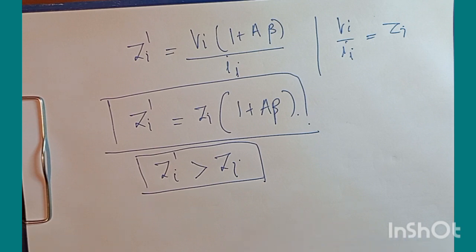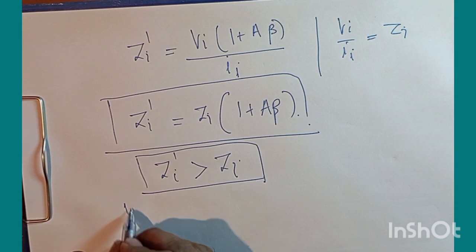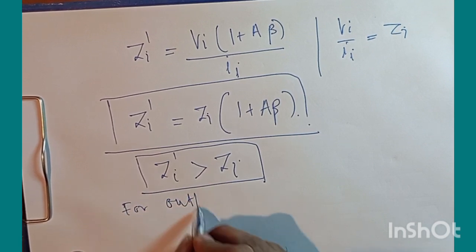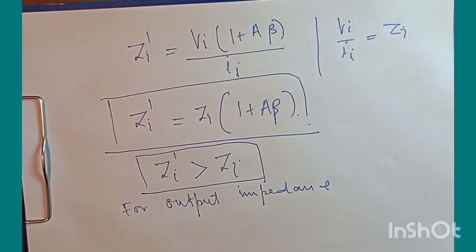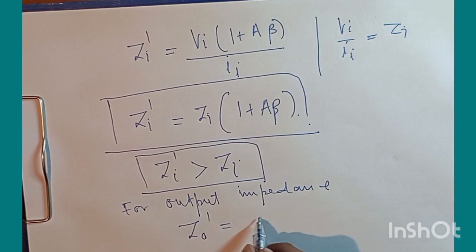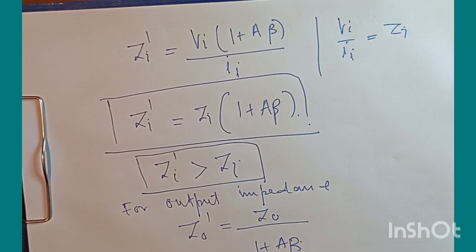On similar considerations, when you make the same calculations and mark some symbols on the same block diagram, if you make use of the same analysis for output impedance, you are going to obtain Z out dash equals Z out divided by 1 plus A beta.